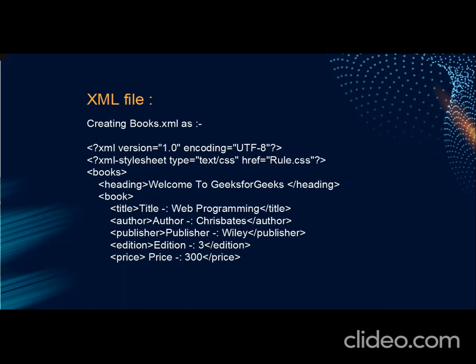Now coming to price, the cost is 300, and now we close the tag. So everywhere when we are using these HTML and CSS files, we do tags and closing.